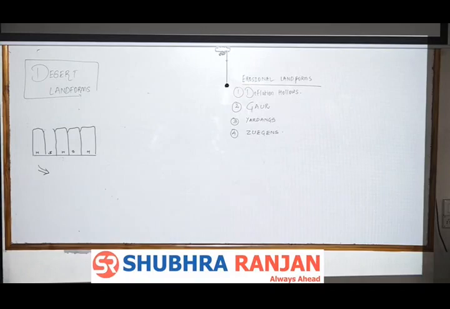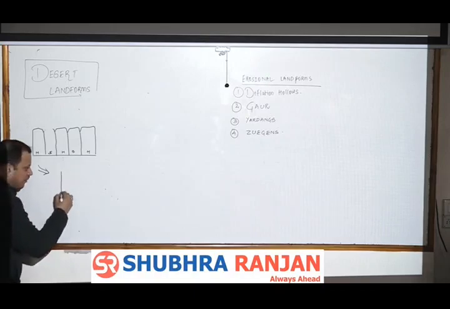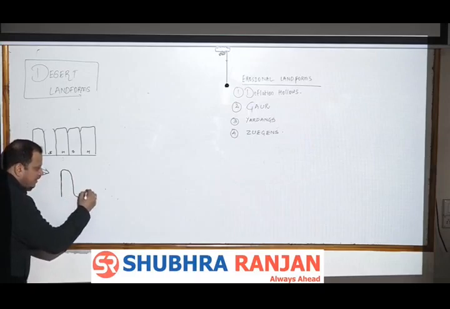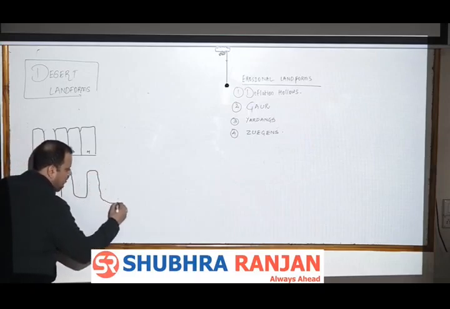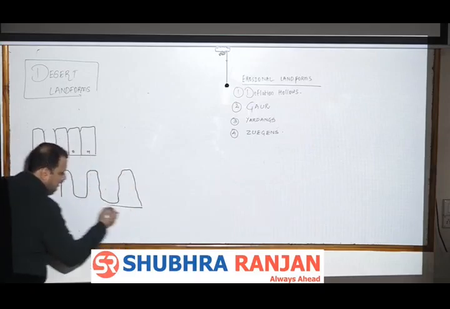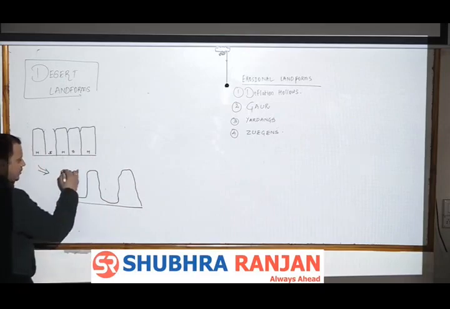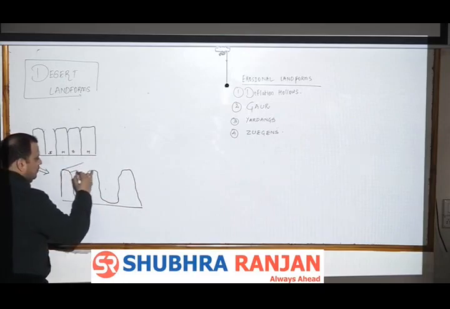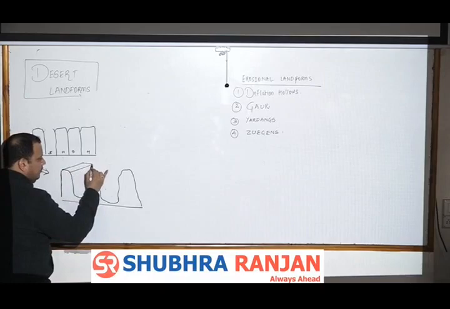Differential erosion means hard rock is eroded less and soft rock more. As a result, soft rock is eroded greater, hard rock less, and this results in the formation of ridges, mountains of hard rock.